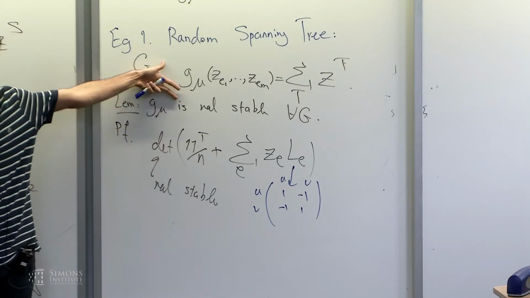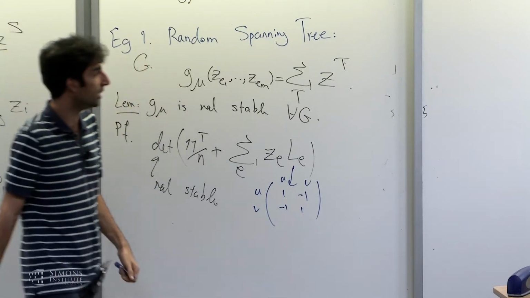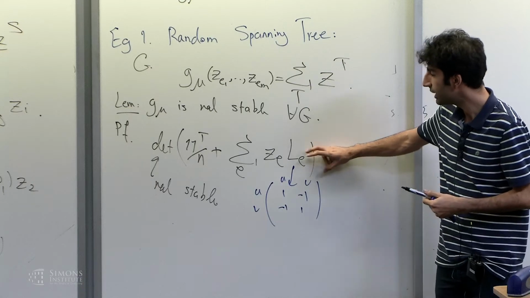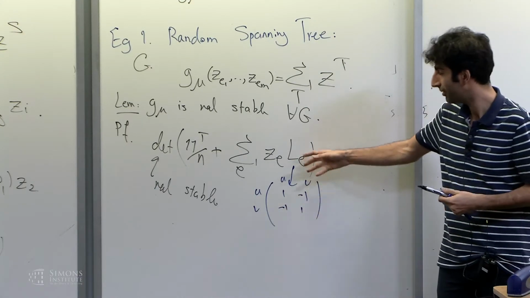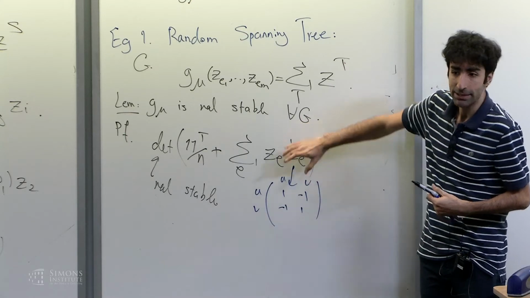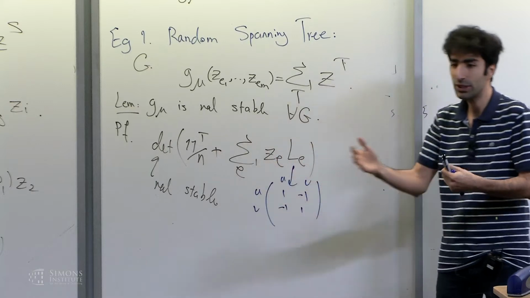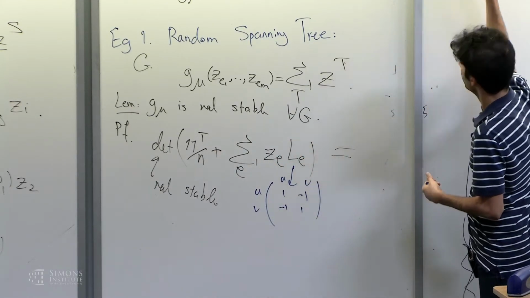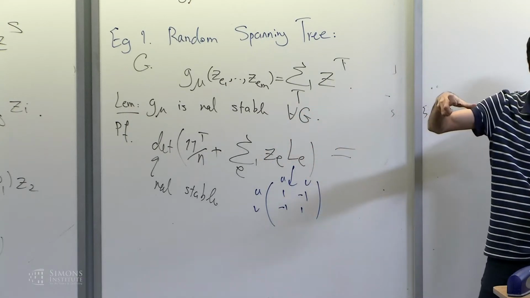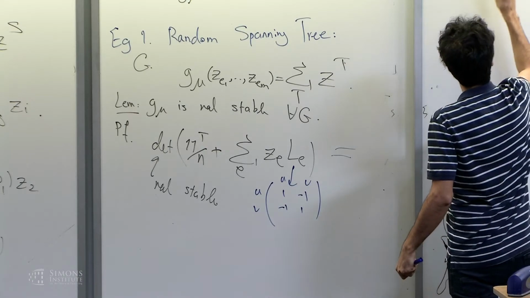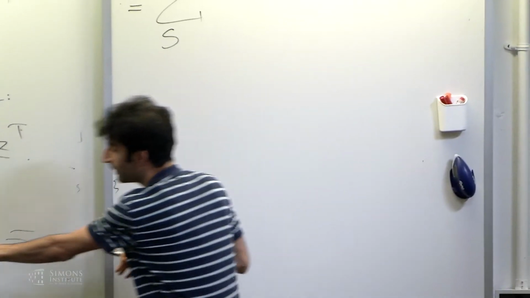Okay, if that is true, then this is a strong Rayleigh distribution. So how to prove that? What you do is you use the Cauchy-Binet theorem again. Here I have rank 1 matrices. Remember, Cauchy-Binet says that when you're looking at the determinant of a sum of rank 1 matrices, you can choose every n of them, look at the determinant of that, and then sum it over all sets S of n of these rank 1 matrices.